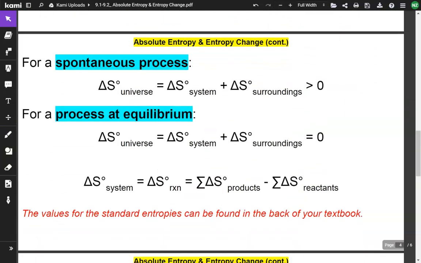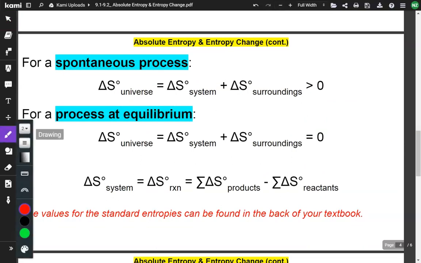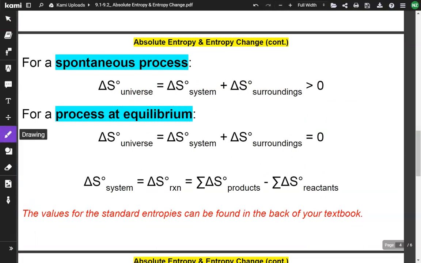All right, so for a spontaneous process, we are going to use the formula delta S for the universe is equal to delta S for the system plus delta S for the surroundings, and we want it to be greater than 0. At equilibrium, we want it to be equal to 0.